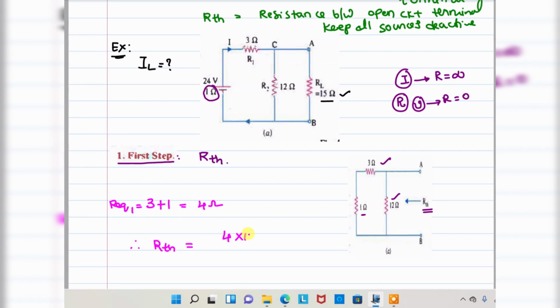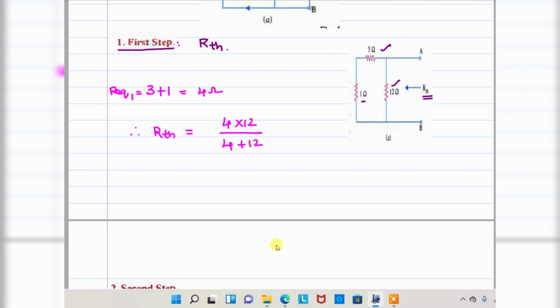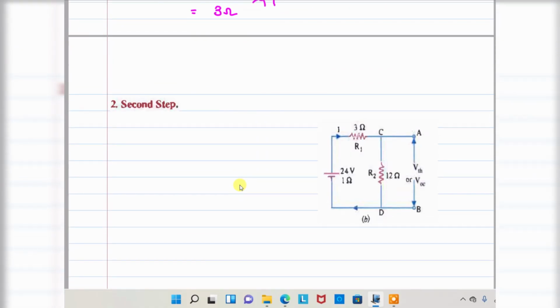So 4 into 12 divided by 4 plus 12, that is 4 into 12 divided by 16, which is equivalent to 3 ohms. Clear? So everyone is clear about Thevenin's resistance, how to find it. Next, step 2. In step 2, Thevenin's voltage VTH.